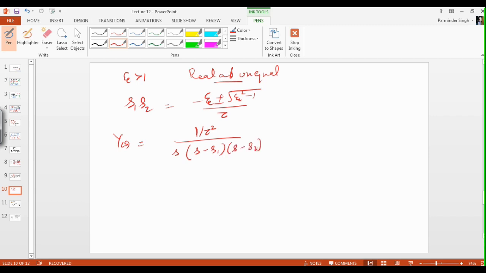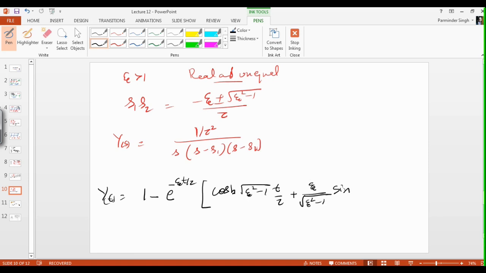Put the values of s1 and s2 over here and take the partial fractions. I'm directly writing the response. After taking the Laplace inverse, the response comes out to be 1 minus e to the power minus zeta t by tau into [cosh of square root of zeta square minus 1 times t by tau, plus zeta upon square root of zeta square minus 1 times sinh of square root of zeta square minus 1 times t by tau].